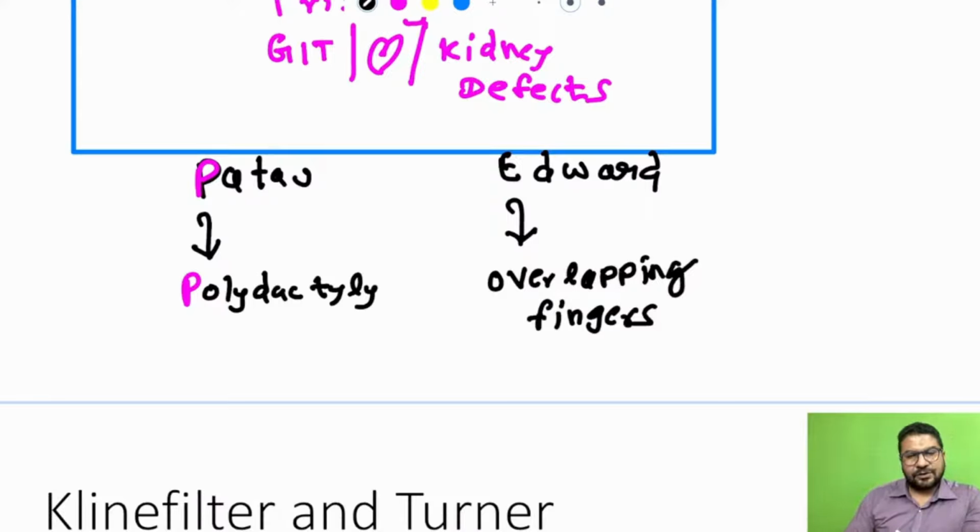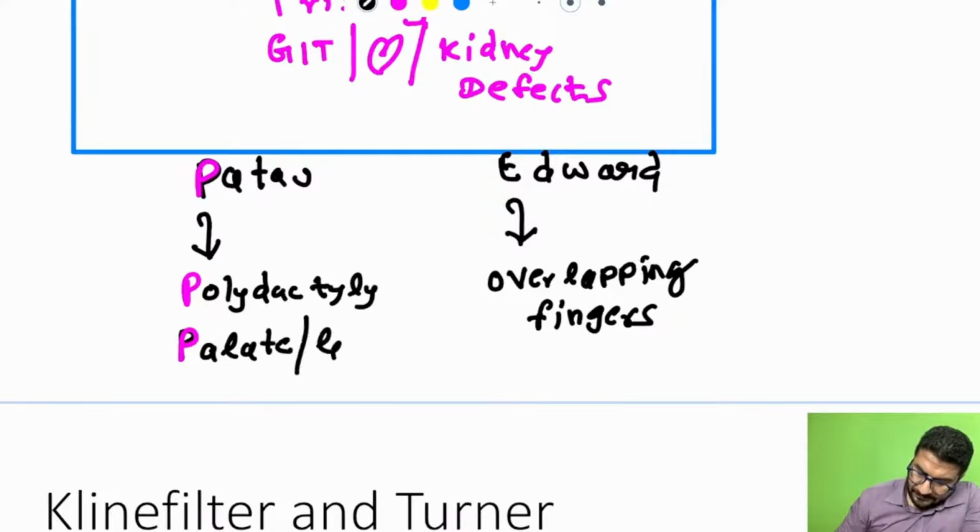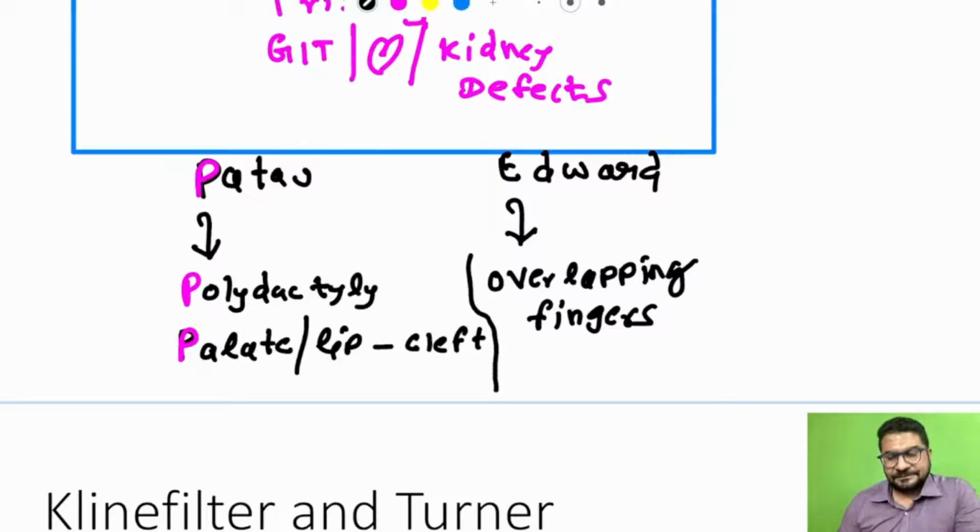If I talk about Patau syndrome, you will notice polydactyly and you will notice the palate will have a defect. So P for palate. Palate or lip will have a cleft, so there will be cleft lip and palate. In Edward you will not see this.